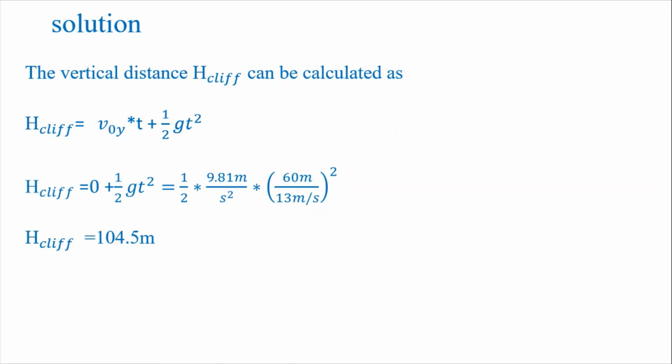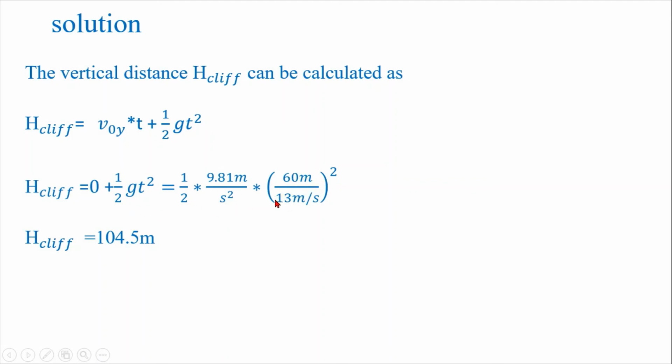The original formula for R is R is equal to v horizontal times time. So the time of flight can be calculated by dividing the range, 60 meters, by the horizontal velocity of 30 meters per second.